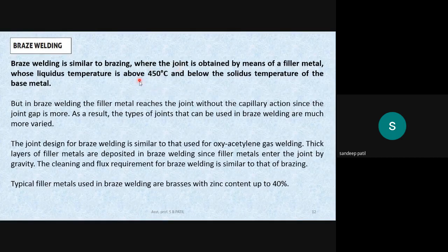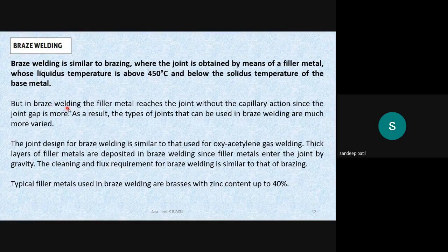If the filler material is heated above 450 and it goes into the liquid, that temperature is the liquidus temperature. And below the solidus temperature of the base metal. So it means here the base metal is not going to weld, therefore it is a brazing process. The filler material is going to weld, and hence it is a welding process. So we can say it is a combination of the brazing as well as the welding process.